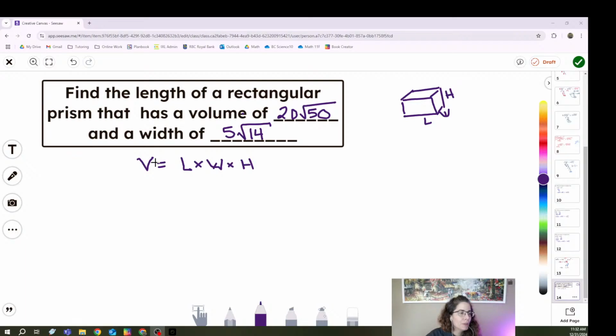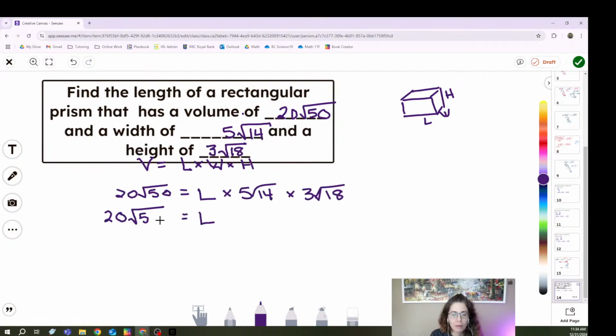What is my width times height? 14 times 18? Right, when we multiply radicals, it's outsides and insides together, yes. Let's continue, let's try that again. 2, 5, 2. Okay.